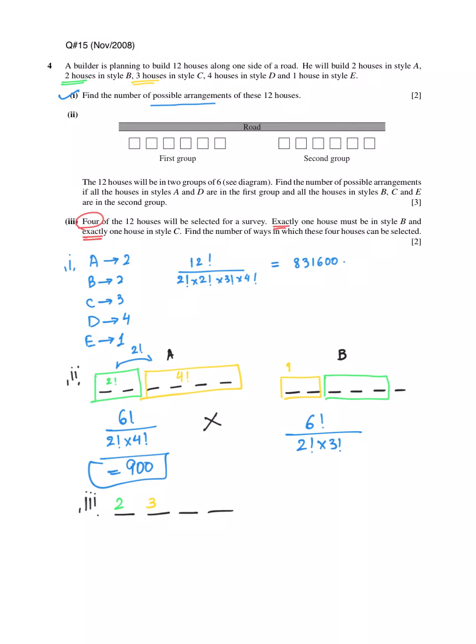The total is 12, and out of those we picked 2 from style B and 3 from style C. So what is the leftover? Leftover options are 7, and among those 7 we need to select any 2, so that is 7 combination 2. So it's 2 times 3 times 7 combination 2, which is 21, leading to 126, and that is your answer.